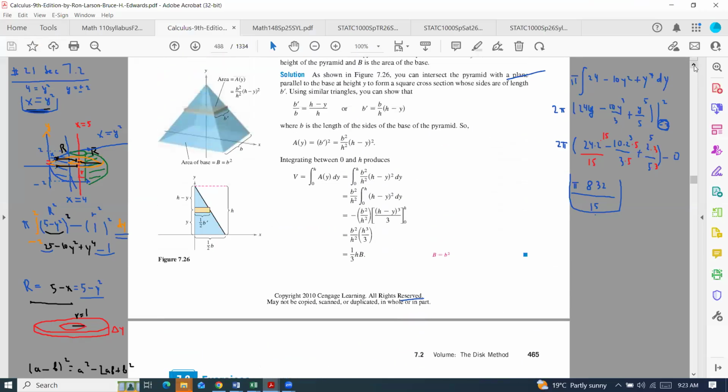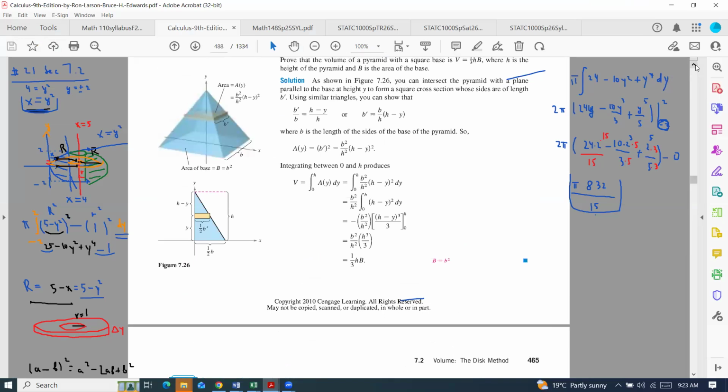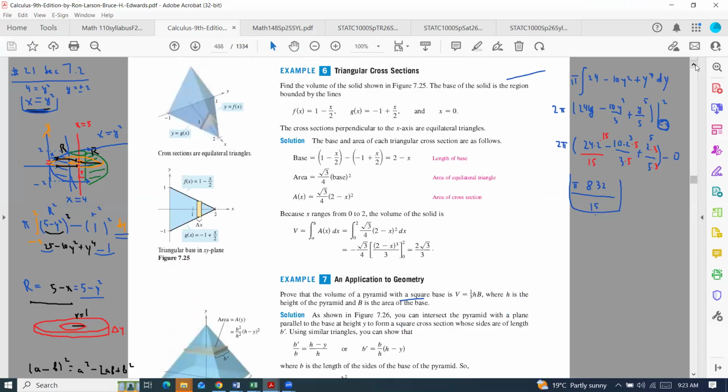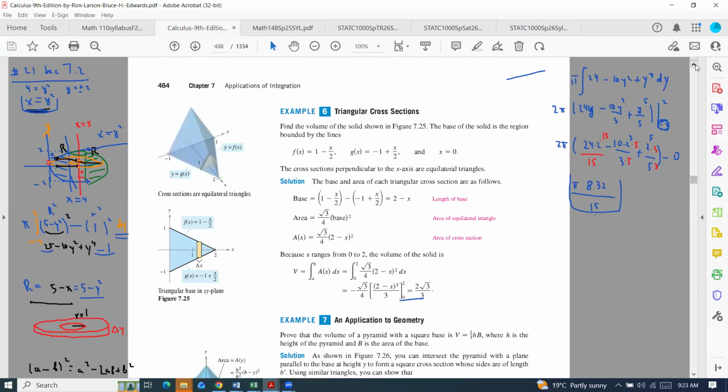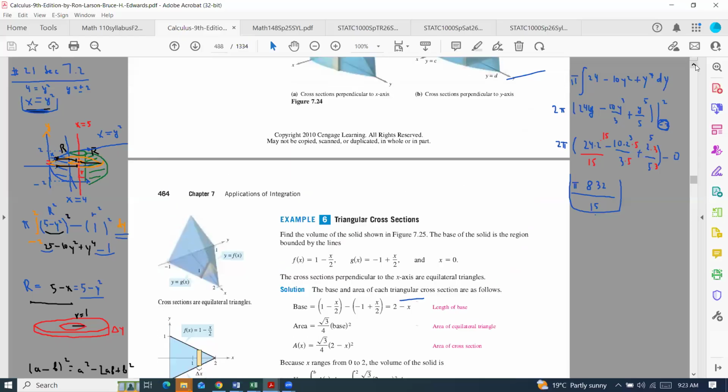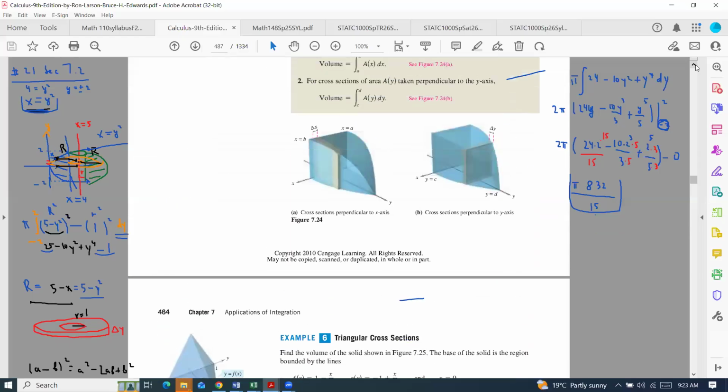The other popular kind of figures is just like a pyramid we have here, or other things. Let's say that's also like a pyramid. Well, here is not a pyramid.